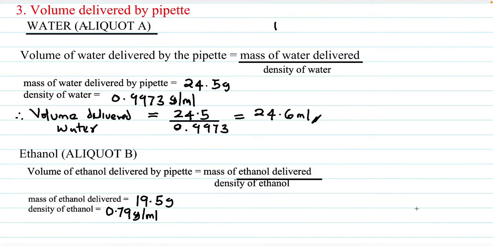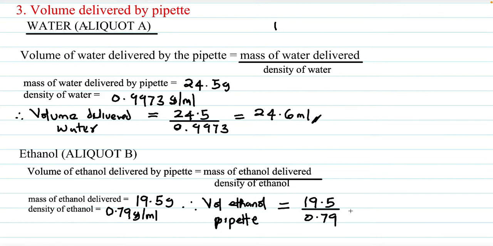So we're now going to say volume of ethanol delivered by the pipette. The mass of ethanol is 19.5 and the density of ethanol is 0.79. So 19.5 divided by 0.79 becomes 24.6 ml.